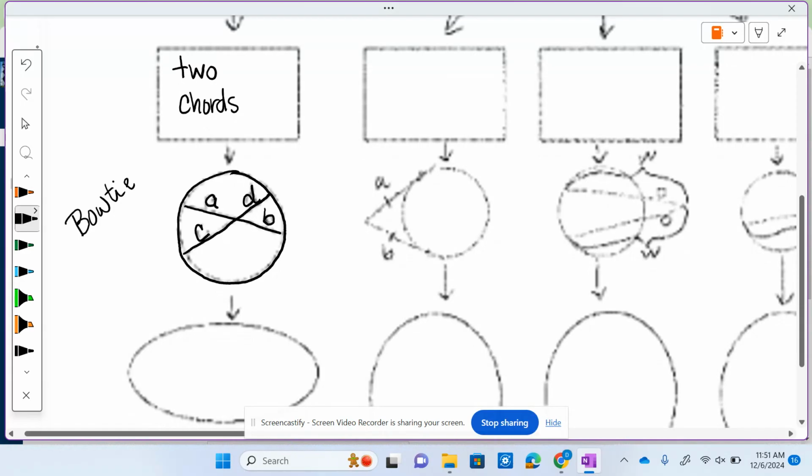So what's the reason or the formula that we use for this? We take the products of the pieces of the chords.